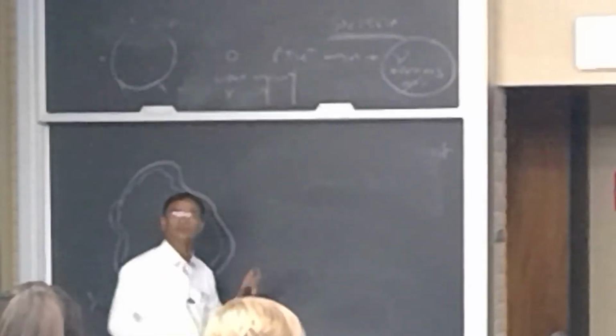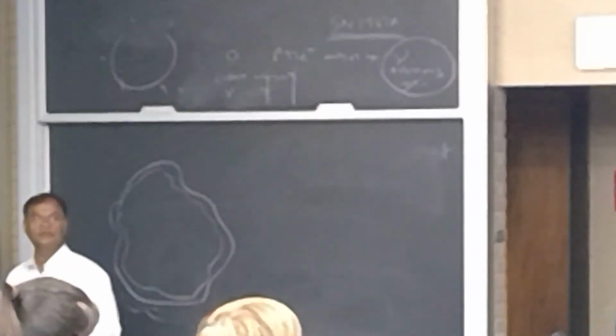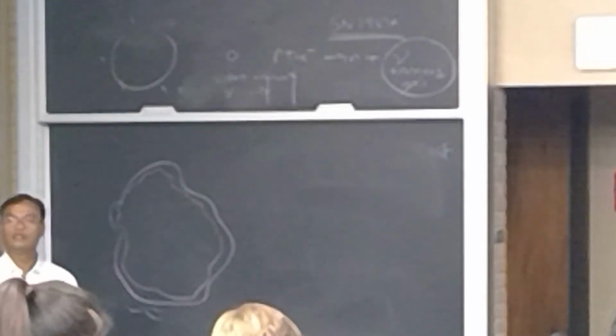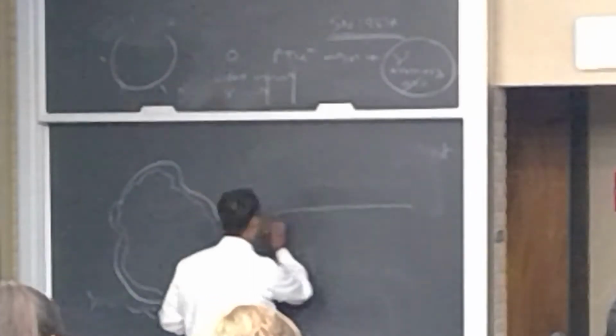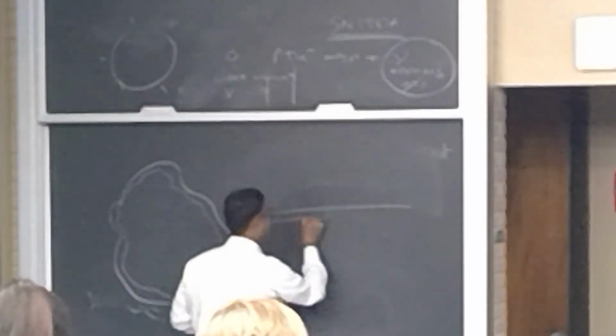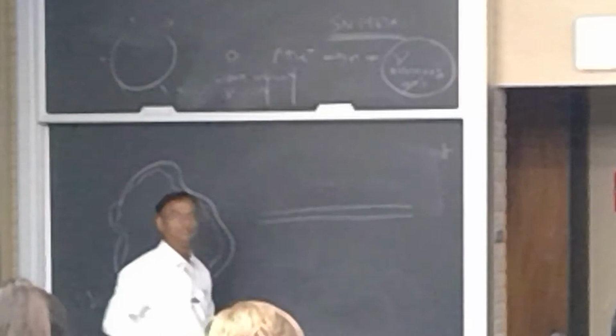But a human chromosome is not really a circle, correct? There are 23 pairs of linear molecules. Does it make sense?